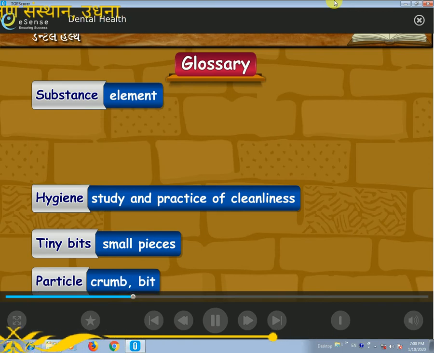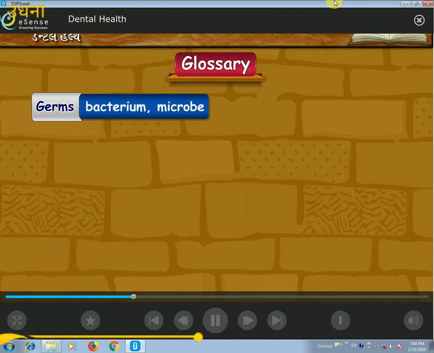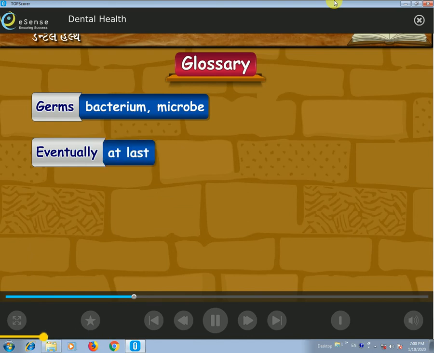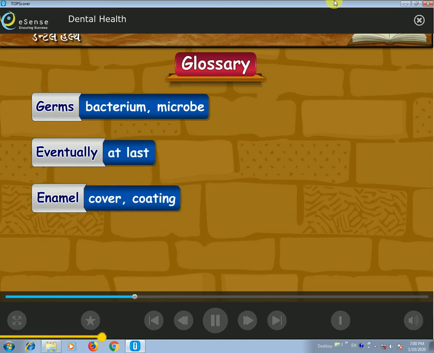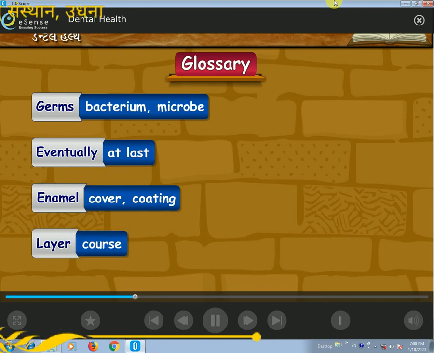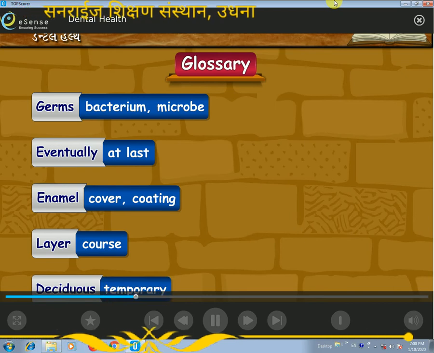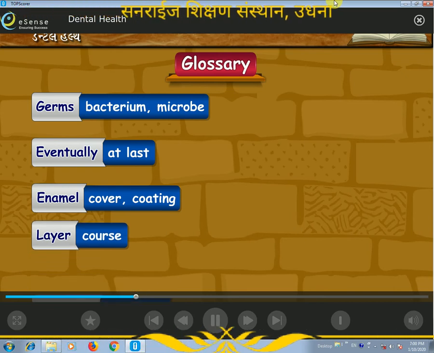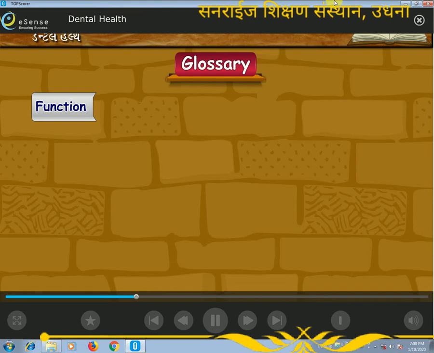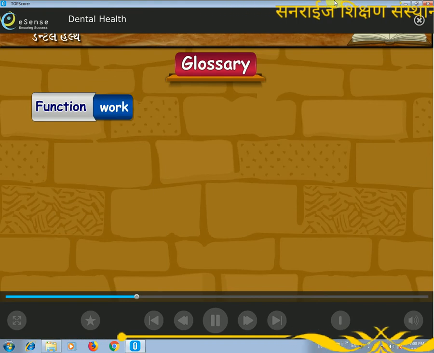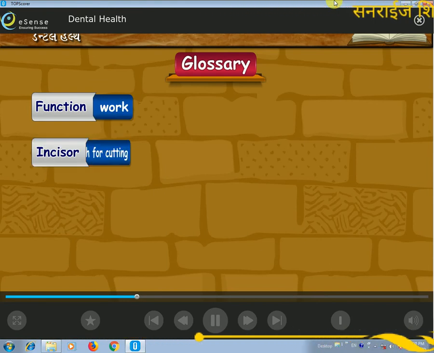Substance, element. Requirement, need. Hygiene, study and practice of cleanliness. Tiny bits, small pieces. Particle, crumb, bit. Germs, bacterium, microbe. Eventually, at last.